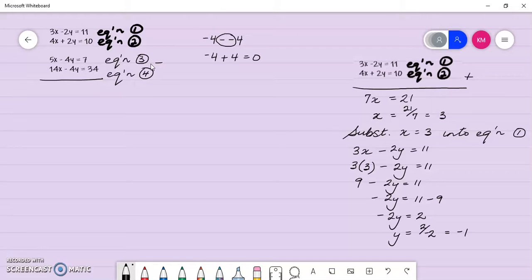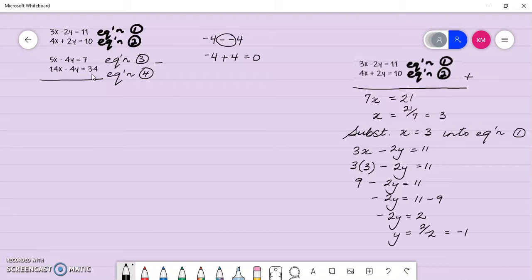I'm going to get 5x take away 14x, which is going to give me a negative number, as well as 7 take away 34 is going to give me a negative number. So if I decide to take away equation 4 from equation 3, I'm going to get negative values. And most students don't like to work in negative values.